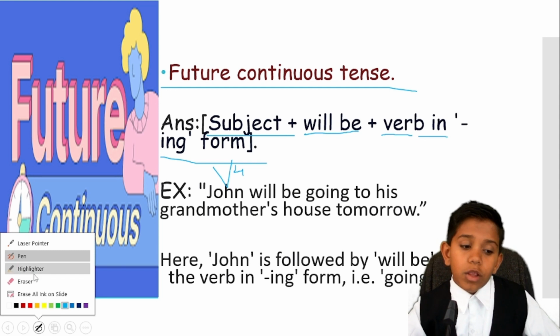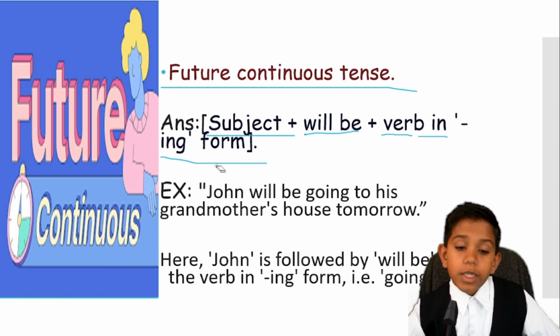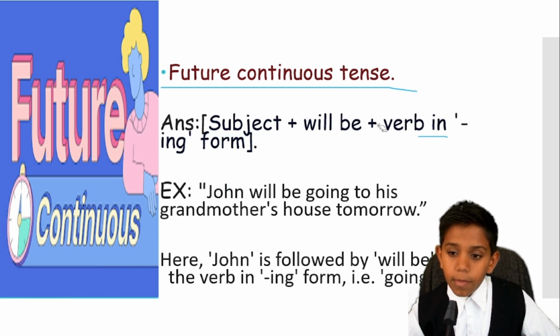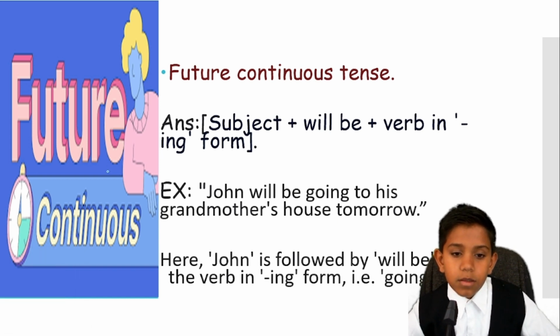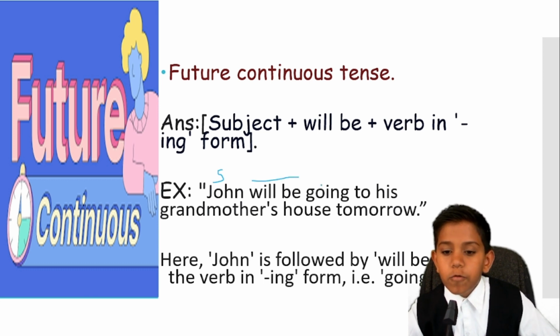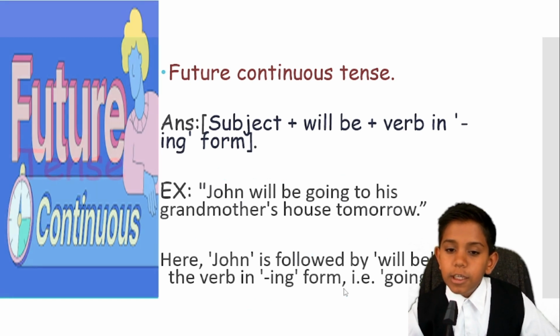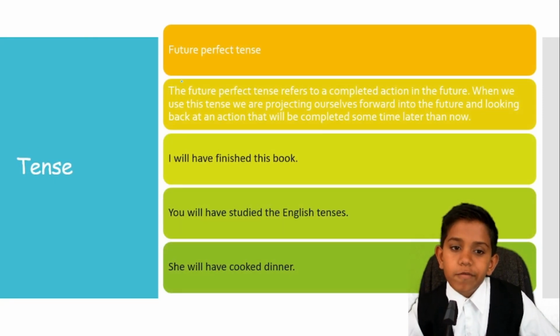Means John, a boy, will go to his grandmother's house tomorrow. Here John is the subject, will be is the auxiliary verb, going is the V4 form, and the remaining is the object. John is followed by will be and the verb in ing form, that is going.